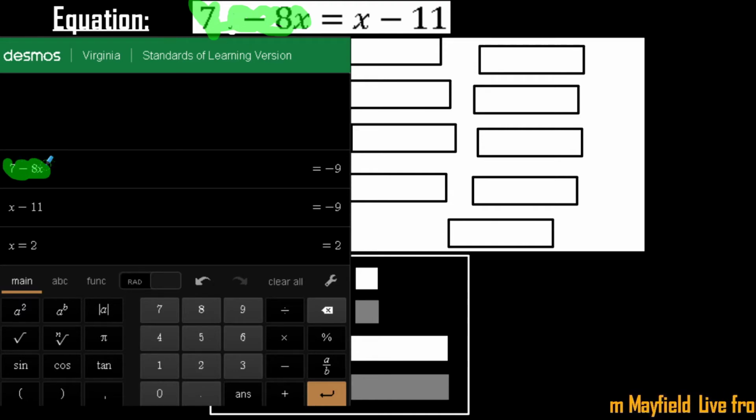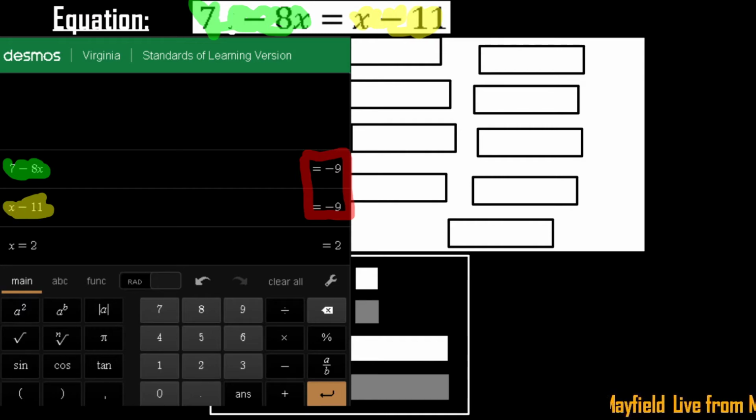We're trying to make sure that these two expressions are equal. Again, that's what an equation is: two equivalent expressions. So we have 7 minus 8x equals x minus 11. And then we said that x equals 2. And since these two values are equal, we know we are correct.